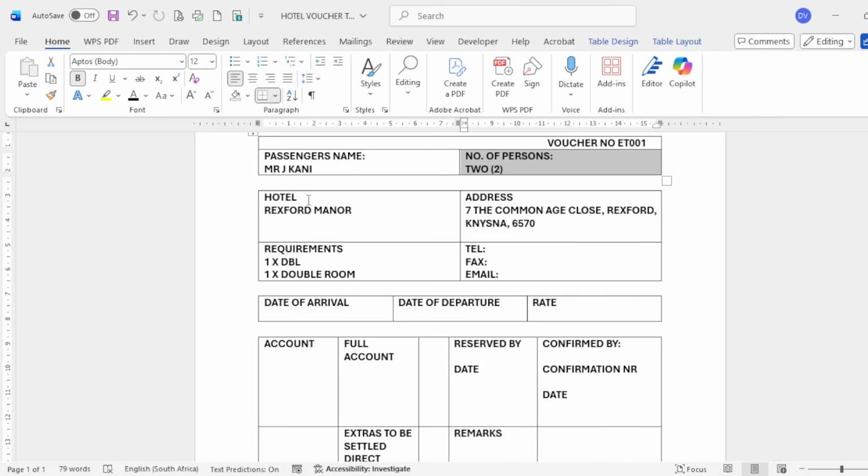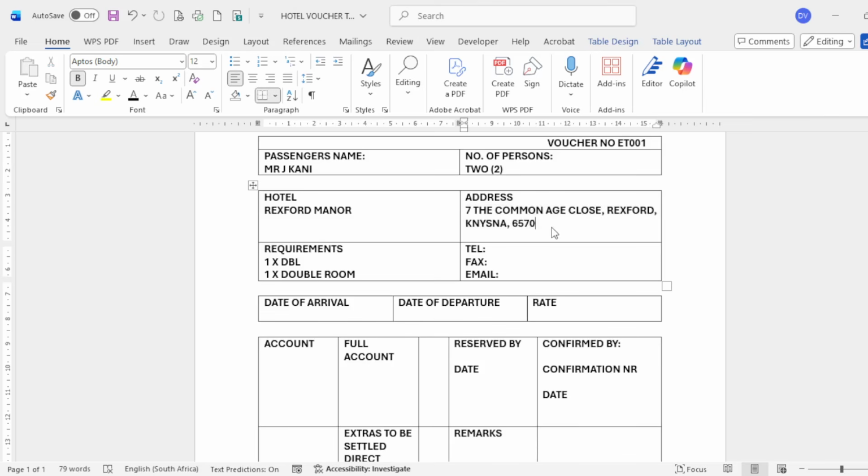The next thing is the name of the hotel. So you'll remember that on the information, it said Rexford Manor. You fill in the name like that in capital letters, as well as the address. What's important is that you fill in the full address, even the area code, 6570.